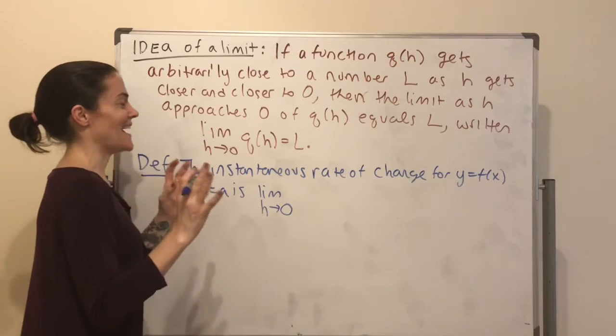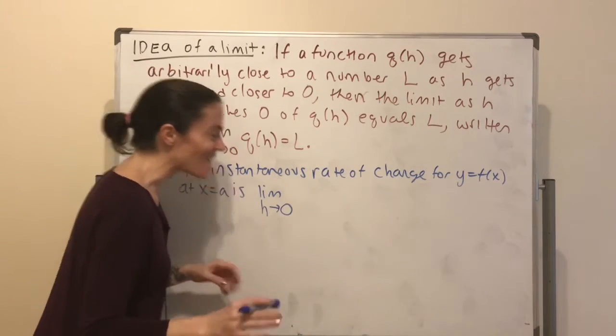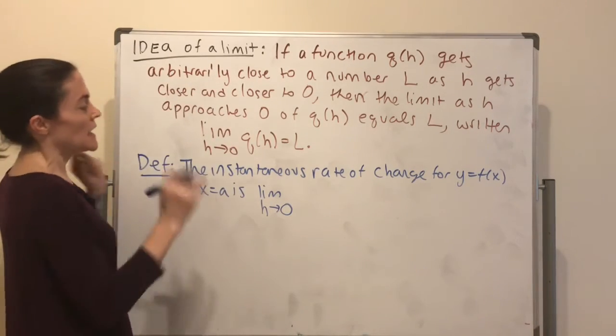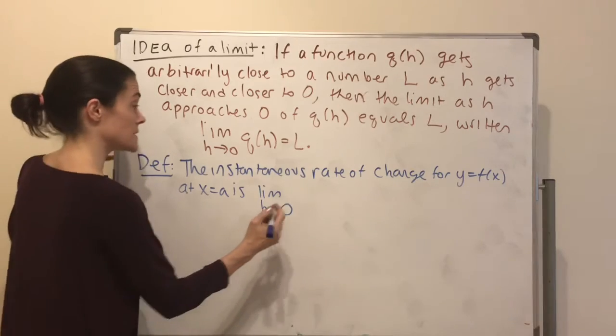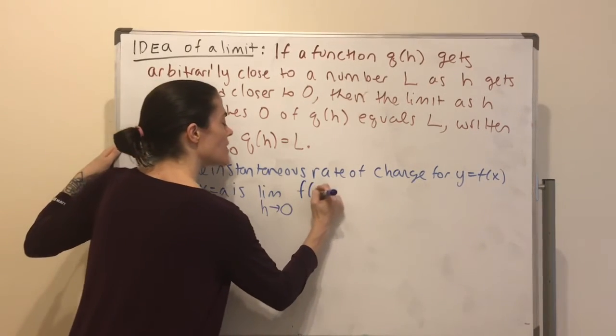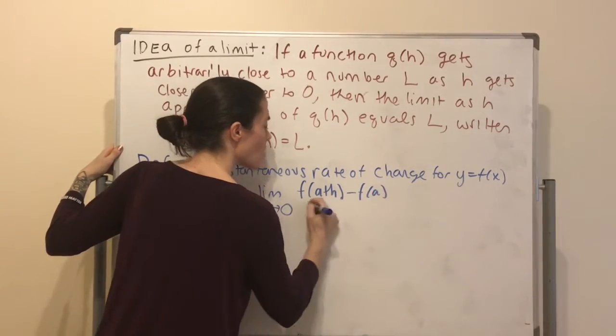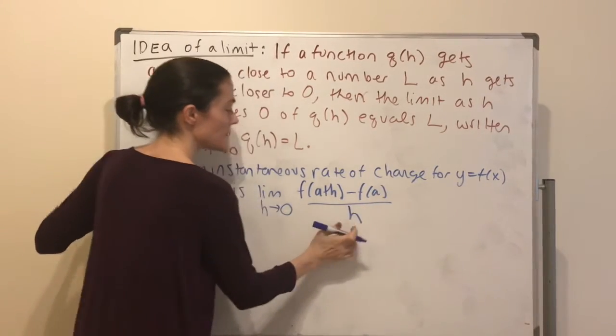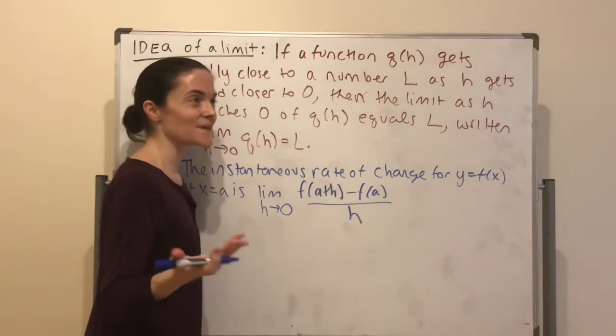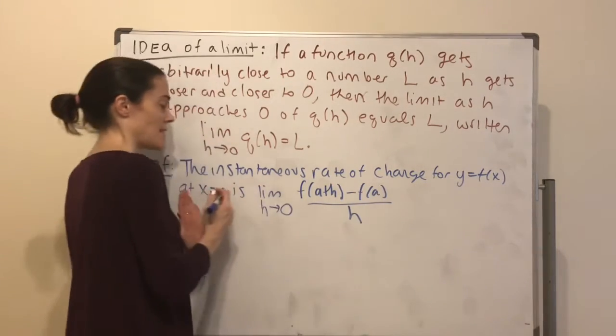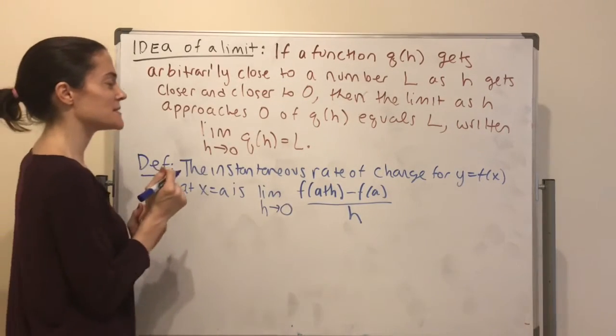It's a limit as h goes to 0 of, well, this difference quotient. So this would be f of a plus h minus f of a over h. This difference quotient is a function of h. Okay, then we take a limit as h goes to 0.